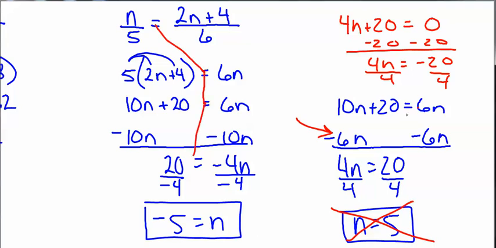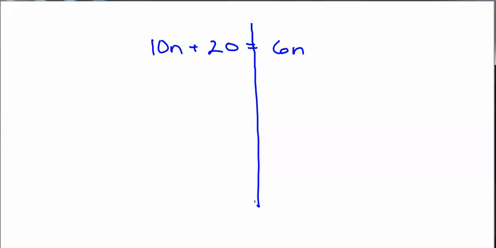But if you just keep your equal sign where it's supposed to go, 10n plus 20 equals 6n, and you subtract 6n from each side, keeping your equal sign here, 10n minus 6n is 4n.